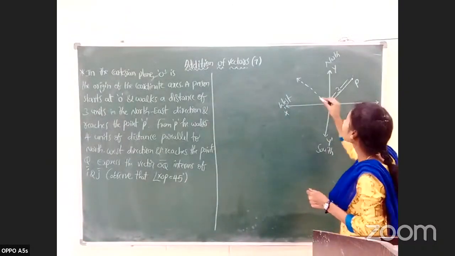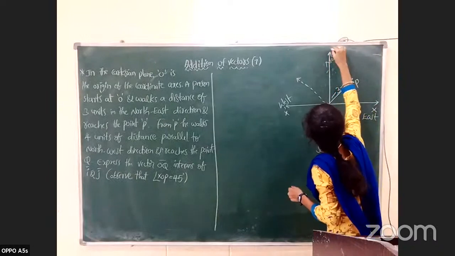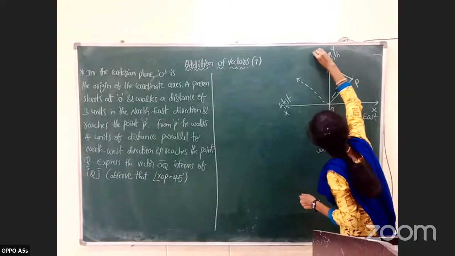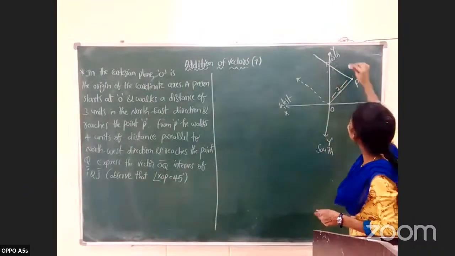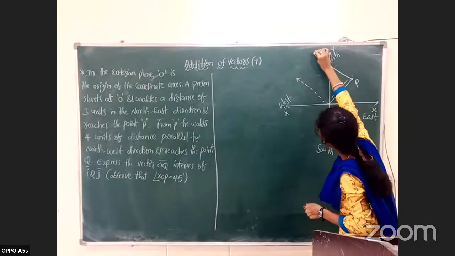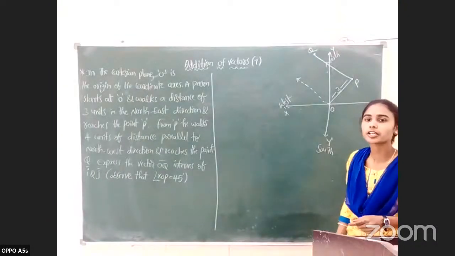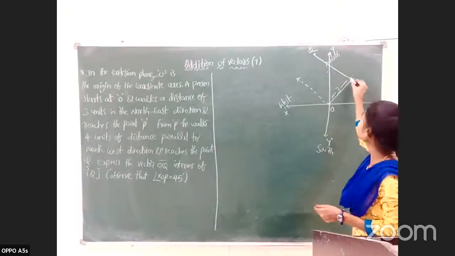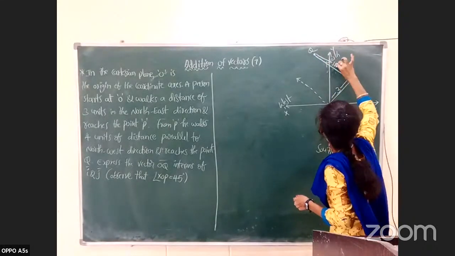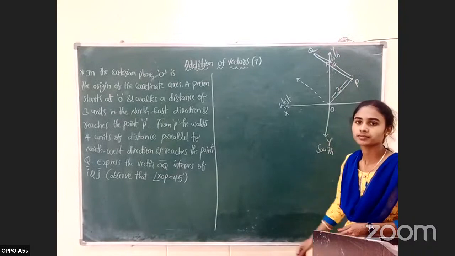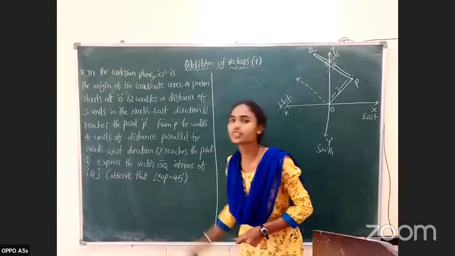He walks parallel to this direction, that means in this way, and reaches the point Q. And the distance between these two is 4 units. Then we have to find OQ in terms of i and j.